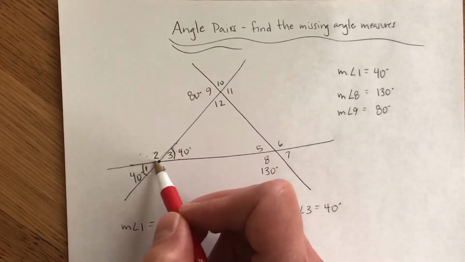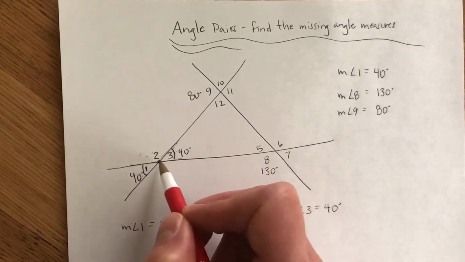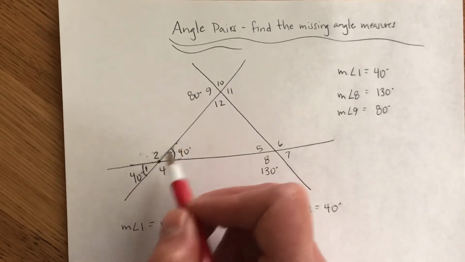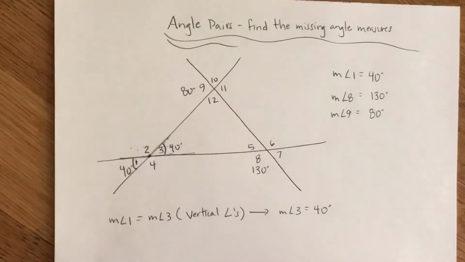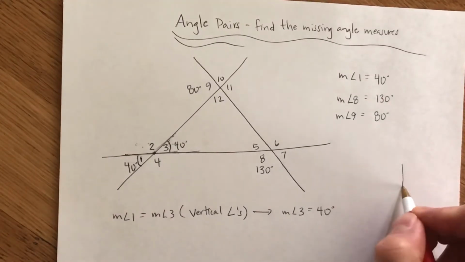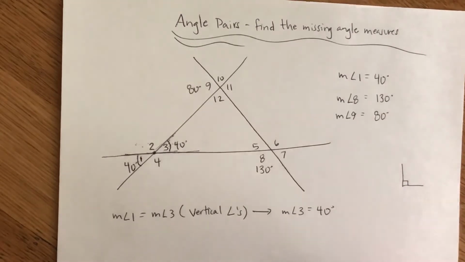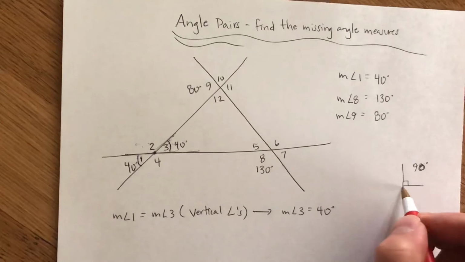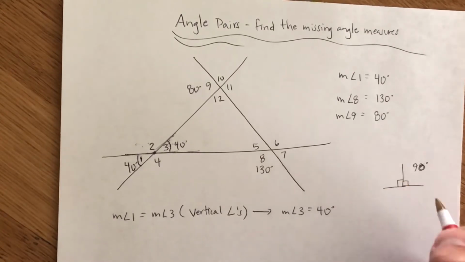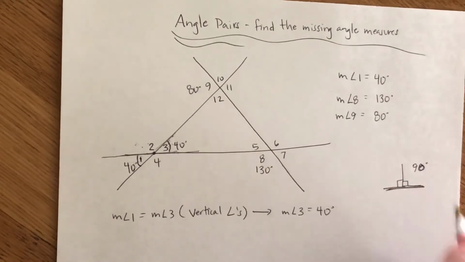And collectively, when you put together angle 2 and angle 3, besides sharing a vertex and a side, they also make a straight line or segment. And we know, if you think about a right angle like the capital L is 90 degrees, well, if we put that back to back with another 90 degree angle, putting them together, they make a straight segment there.